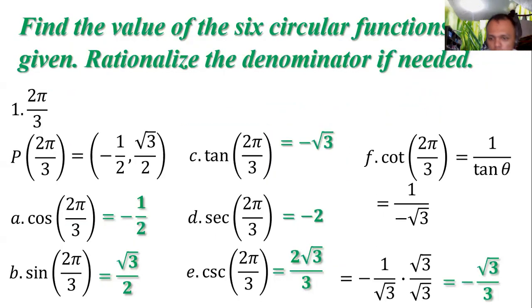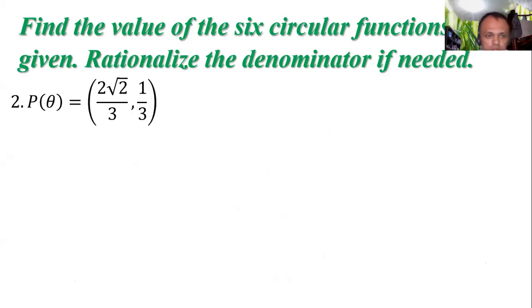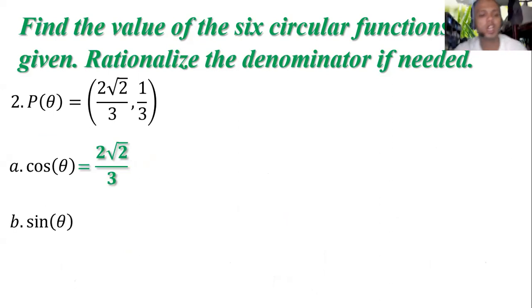Okay? Now, number 2. Suppose that your cosine theta is equal to 2 times square root of 2 over 3 and sine theta is 1/3. What is your tangent theta?